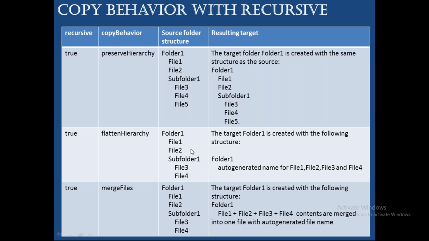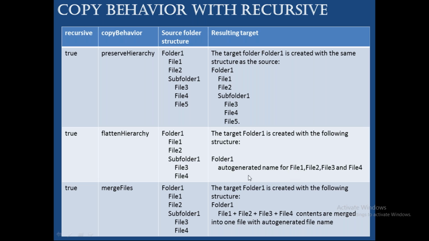There won't be any subfolder. They will be there in folder 1 with new, auto-generated names. It's not the same name. If you have a custom.csv here, it will not show as custom.csv. Names will be generated by your copy activity automatically.